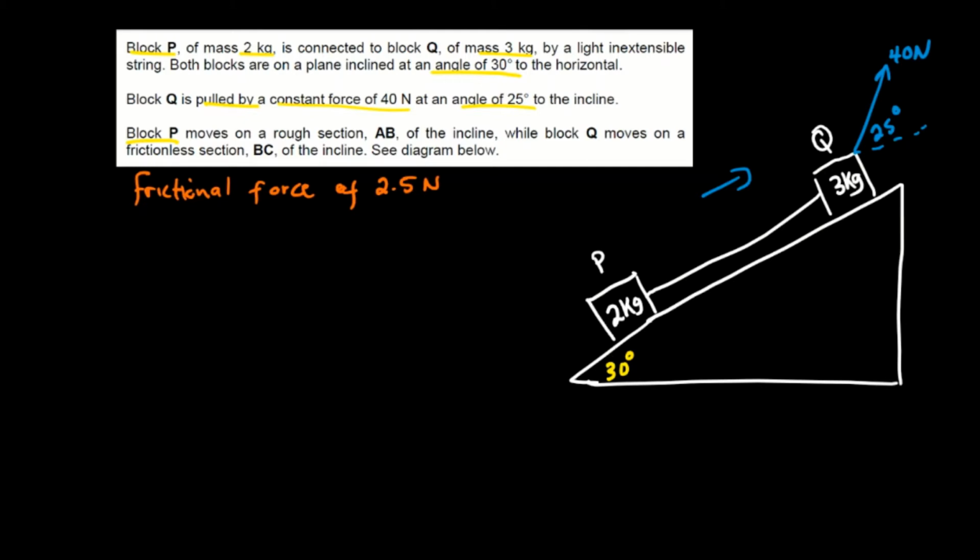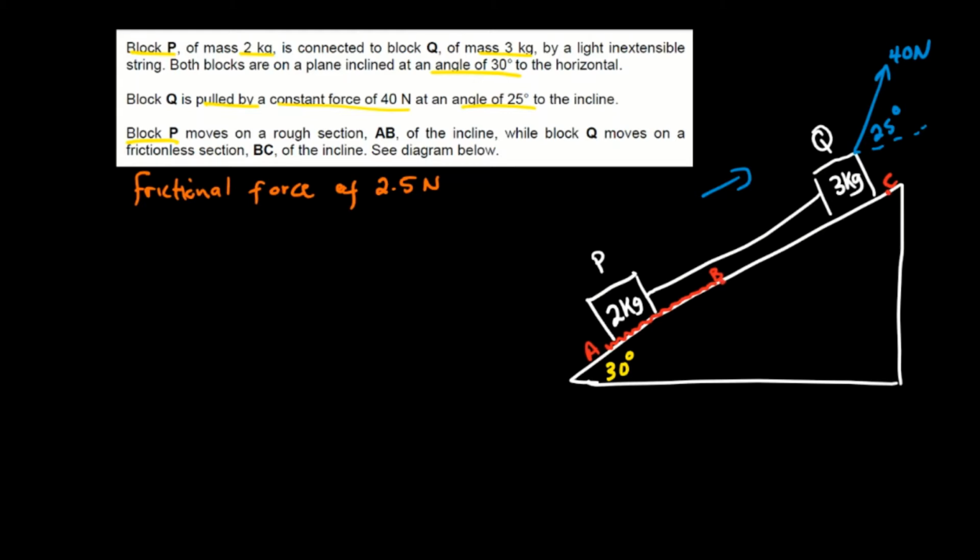of the incline, while block Q moves on a frictionless section BC on the incline. So we are told that block P, let's say this is A, up to here it's B. So it means that there is friction here all the way up to this point. And then from B to C, there is no friction here.